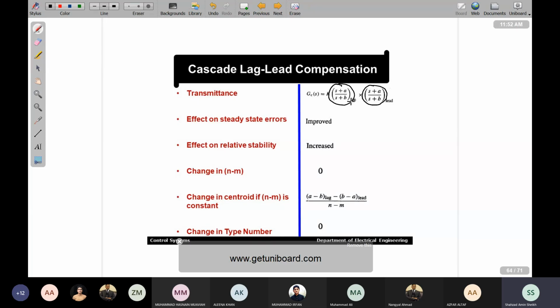So we are taking S plus A over S plus B from the lag component, and we are cascading it with the lead component, and K is the gain for this cascade lag lead compensation.